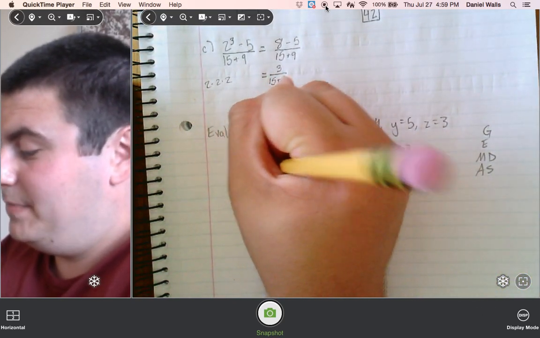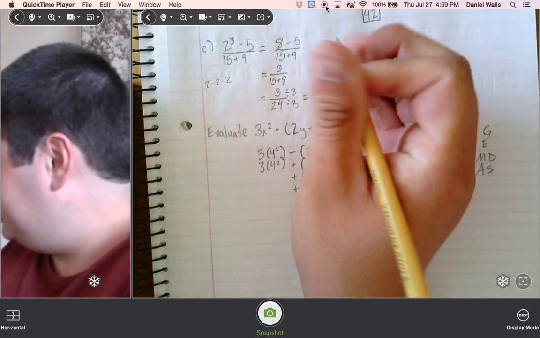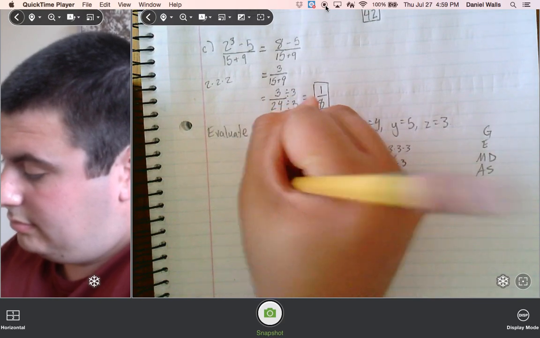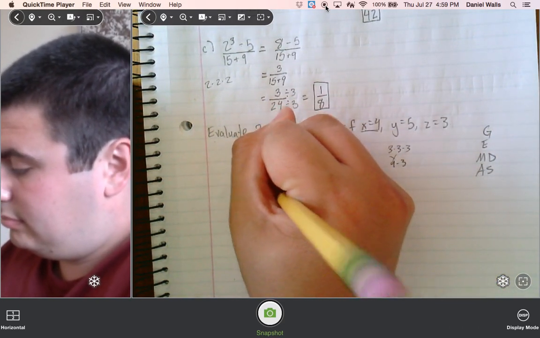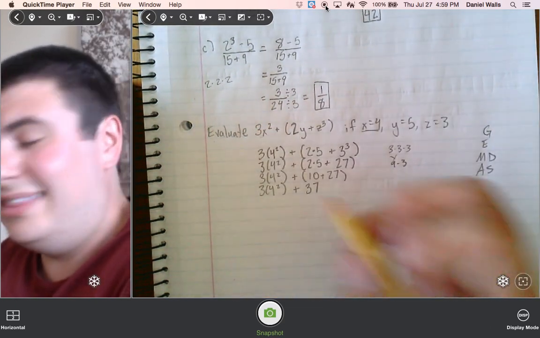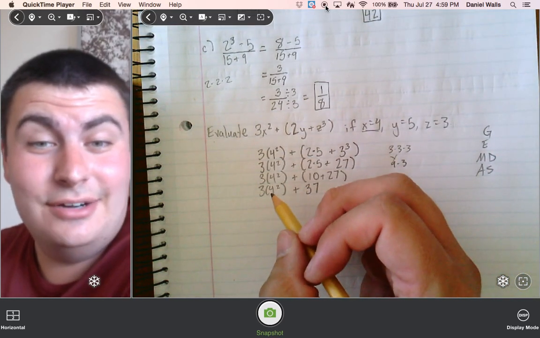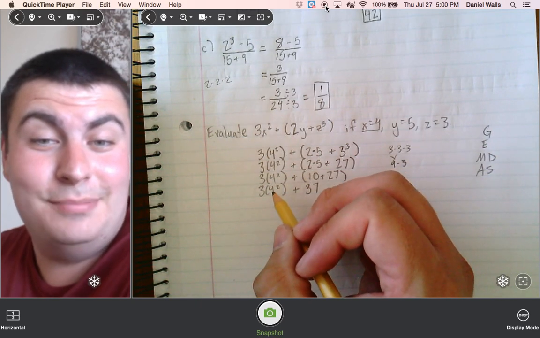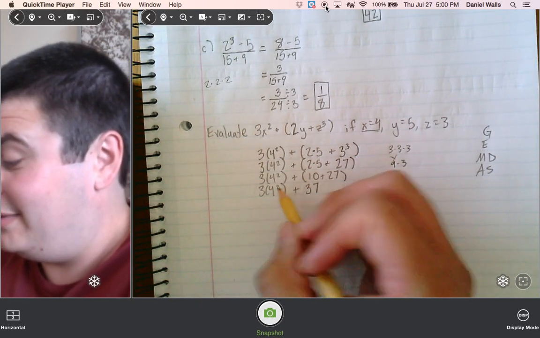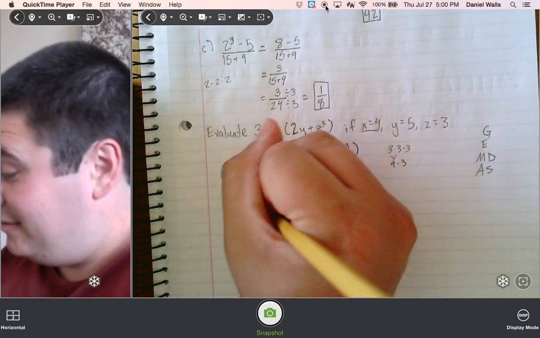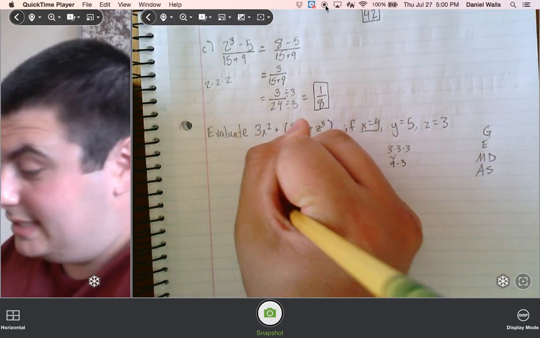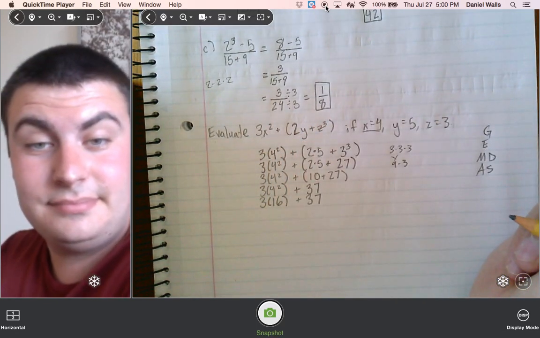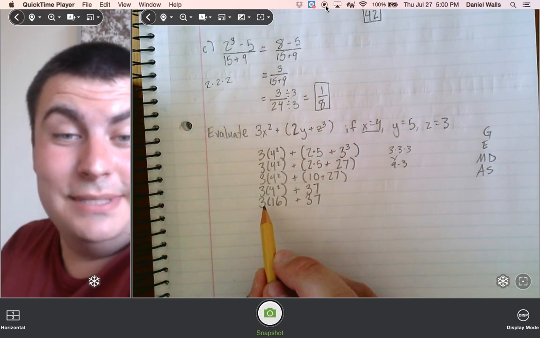Now this 3 times 4 squared has just been trailing along the whole time, and now I think it's time to tackle that. So we start with our exponents, because we have 3 times 4 squared. The squared applies to the 4. So we evaluate our exponents, and we're going to have 3 times 16 plus 37. And now we're going to do our multiplication from left to right.